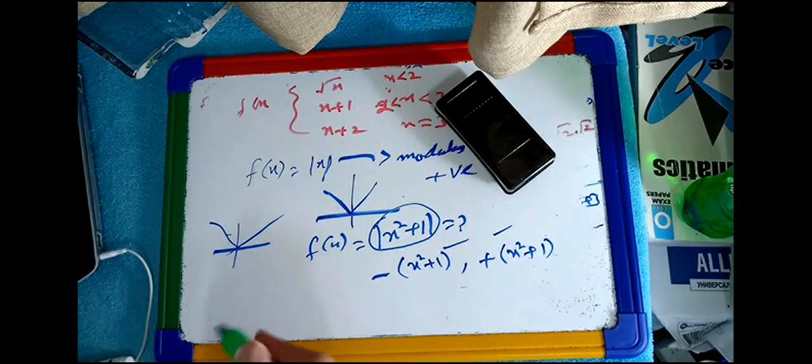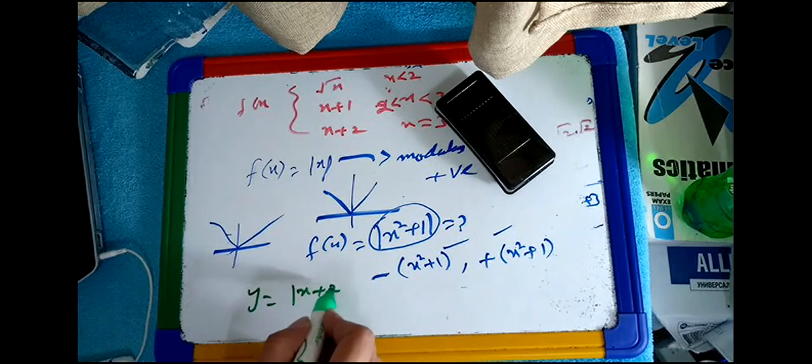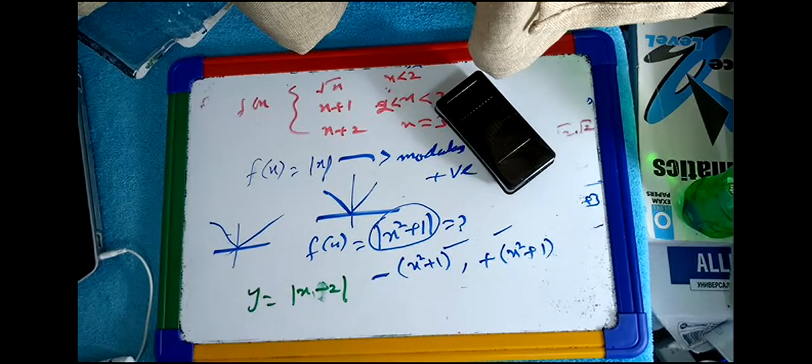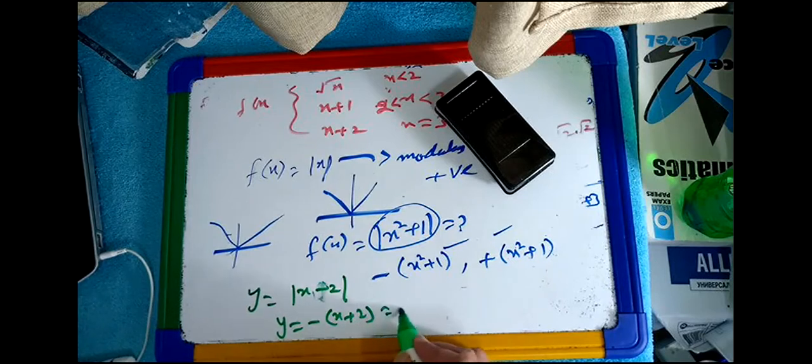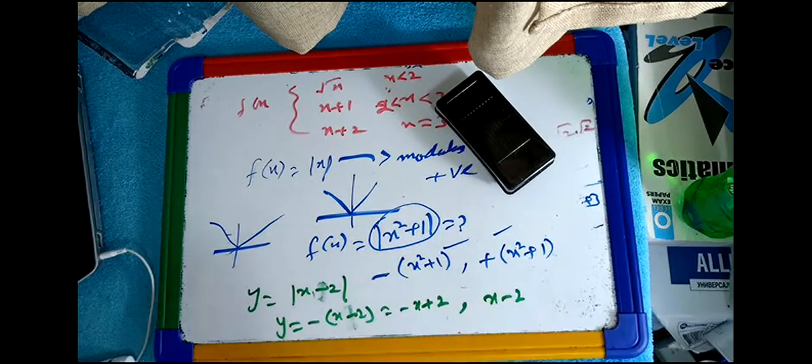For example, if you have one more function, x minus 2 in modulus, this will have two solutions. One is minus x plus 2, and the other one will be x minus 2, right?